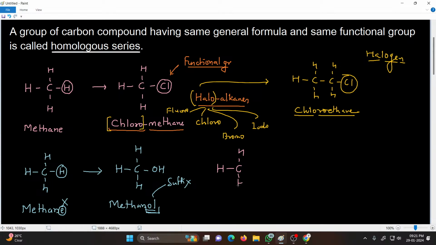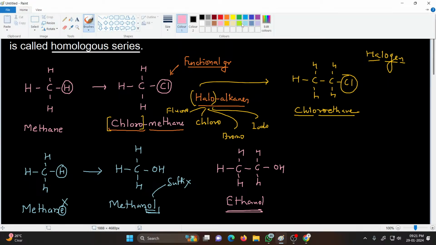Similarly, we can have ethanol. That will be CH3CH2OH. So this will be ethanol. Now, while naming these compounds with the functional groups, sometimes the number is also important. How? That we will see.